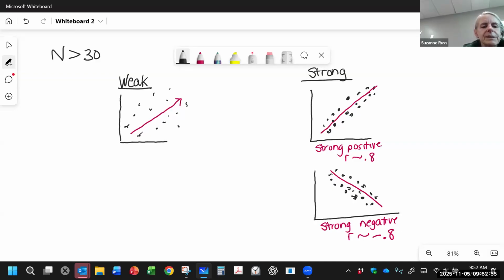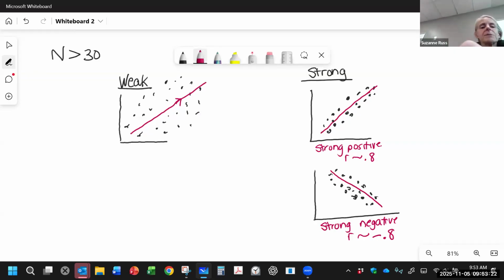Might be a little bit hard to even tell what the direction is when you're trying to figure it out. Might look something like that. In fact, I'll make it even a little bit bigger. You might look at it and it's like, well, it kind of looks like I can draw the line going up. I'm not totally sure, but I'm going to say that I can.